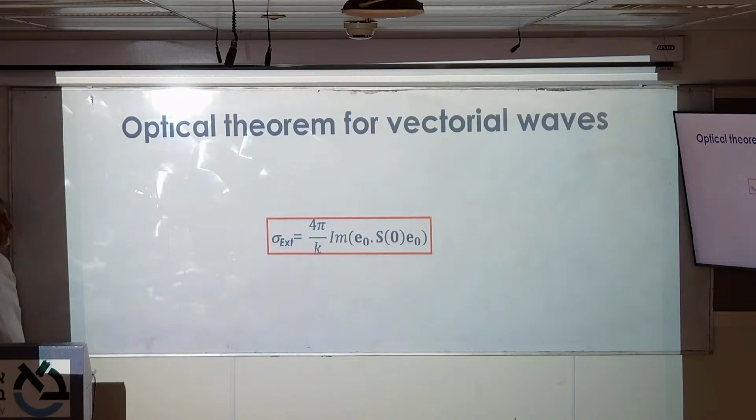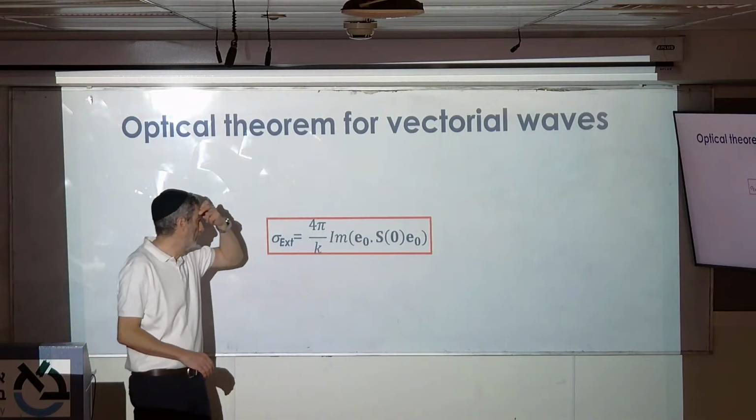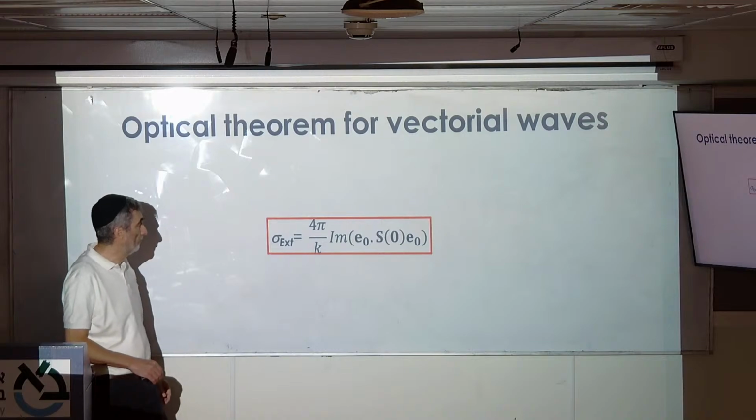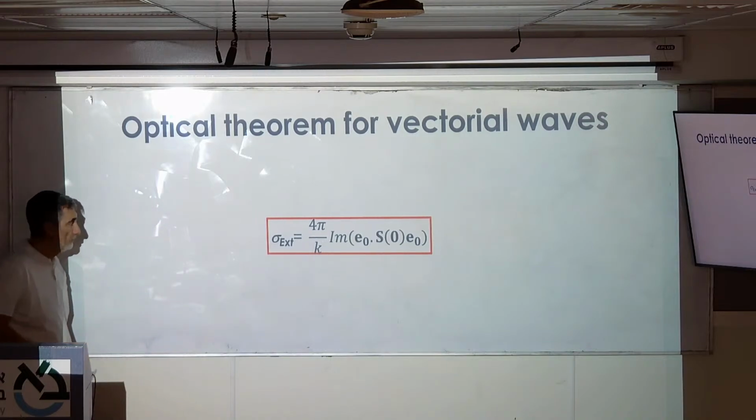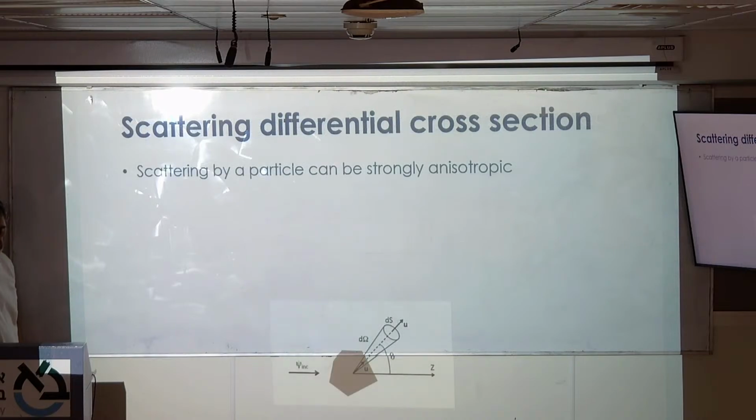The scattering differential cross-section. As I wrote here, the scattering by a particle can be strongly anisotropic. As we saw in some examples, it can be very strong in the forward direction, not in other directions. The cross-section is an integrated value, but doesn't tell you about the details.